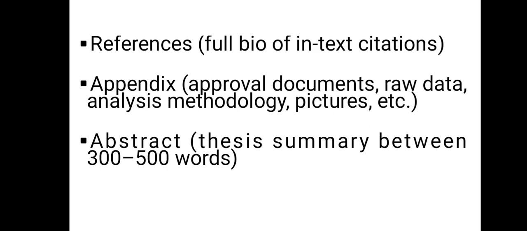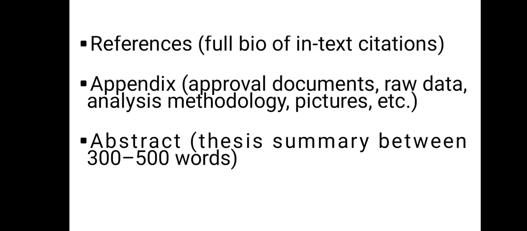After the appendix section, you now organize an abstract. What is an abstract? It is usually 300 to 500 words, as the case may be, which is a summary of everything that you did, everything you wrote in your thesis, from chapter 1, which is introduction, to literature review, to chapter 3, methodology, and to results in chapter 4, and your discussion in chapter 5.